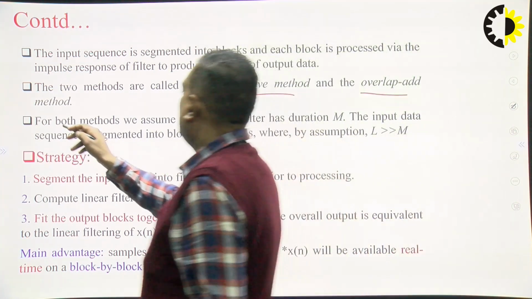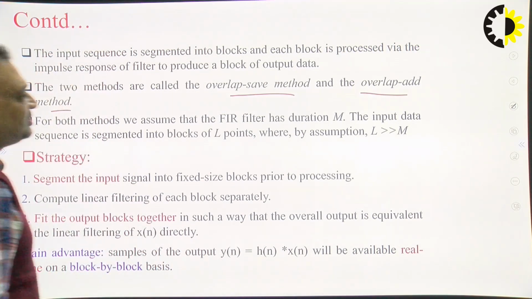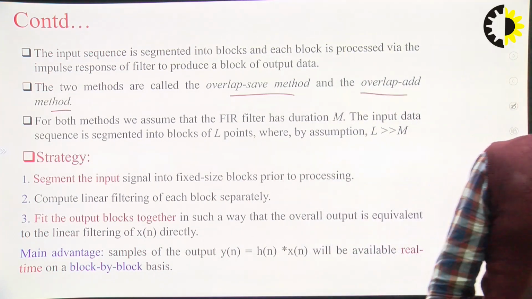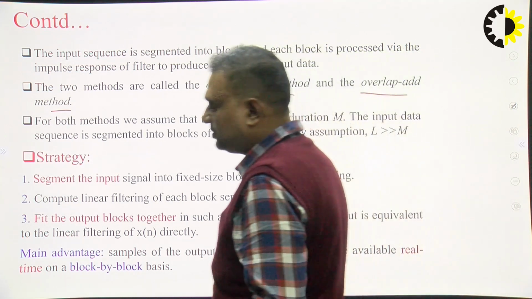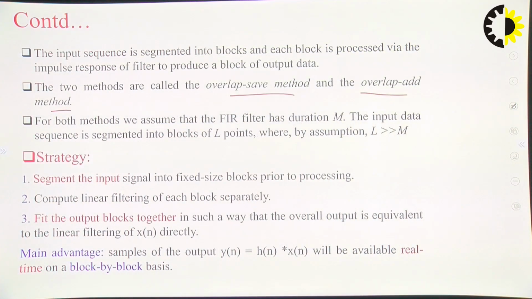So how do we do this in sectioned convolution? We divide the input data, which is a very long sequence, into a smaller number of subsequences, and then we convolve those subsequences with the impulse response of the system to obtain the final linearly convolved sequence.